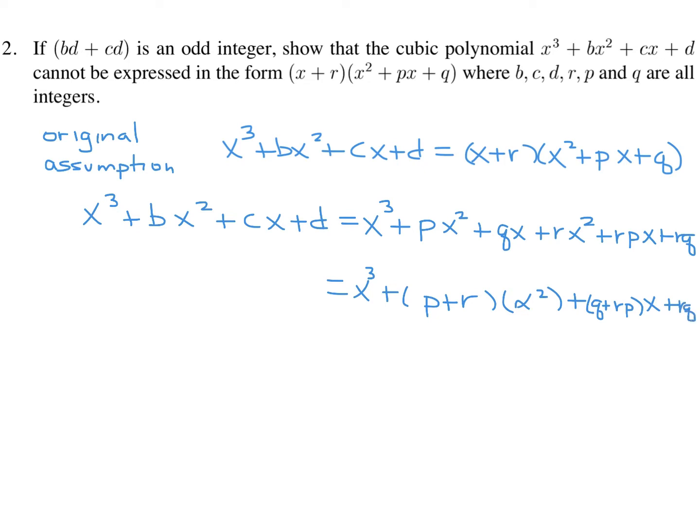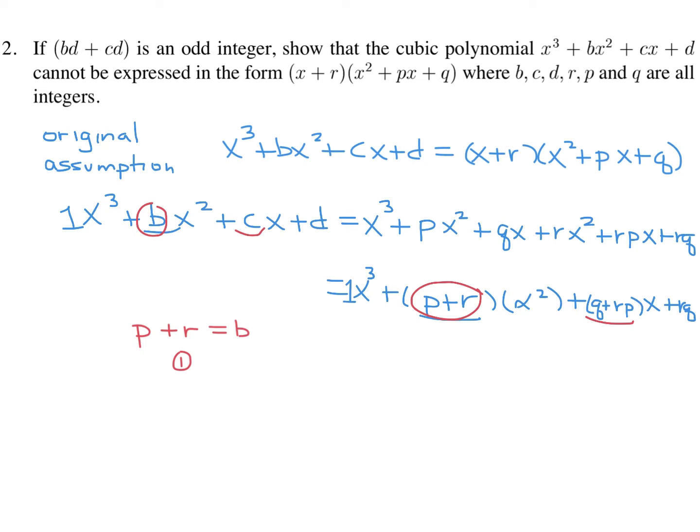Okay. Now let's compare the coefficients. This is 1, this is 1. Okay, well, that matches. This is b, and this is p plus r. So that must mean that p plus r is equal to b. So that's our first equation. I just matched coefficients. This coefficient is c. This coefficient is q plus rp.